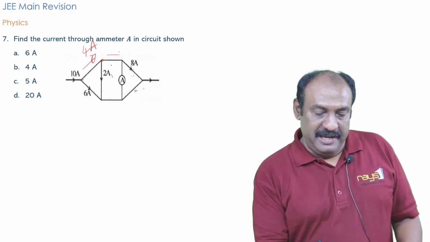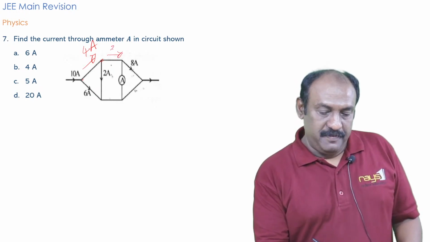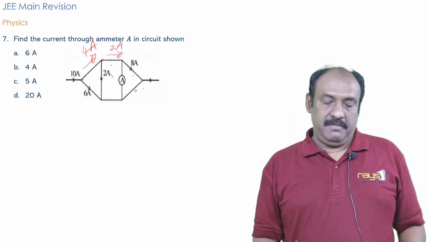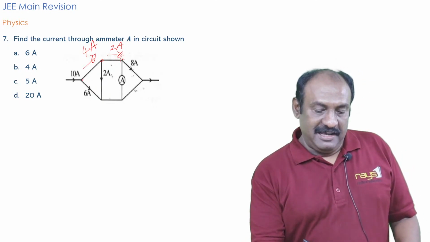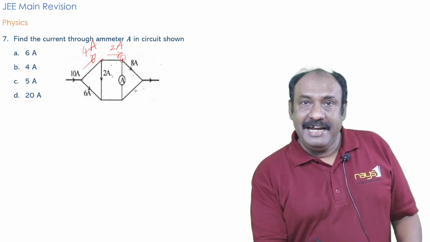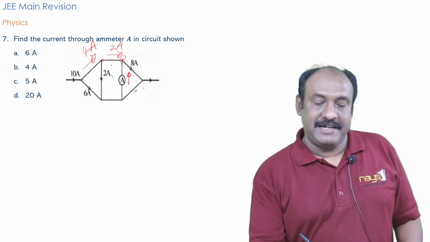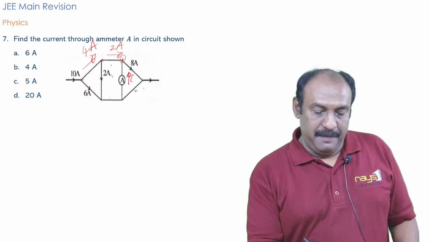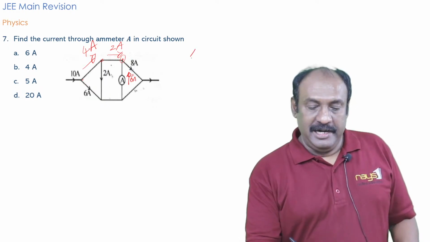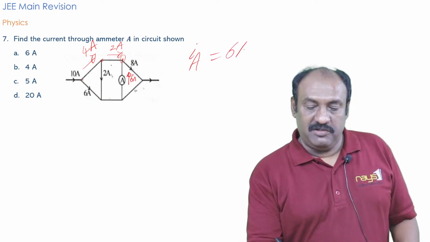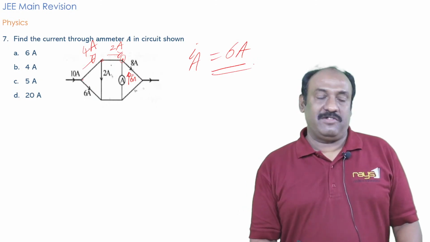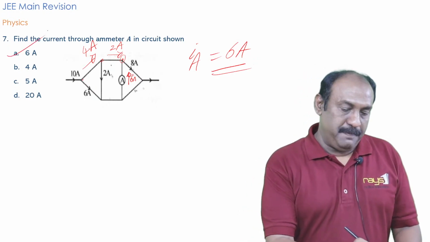So there must be 2 ampere in this branch. At this junction it leaves as 8 ampere current. Compulsorily there must be 6 ampere current through the ammeter. So the current through the ammeter is 6 ampere, the answer for question number 7.